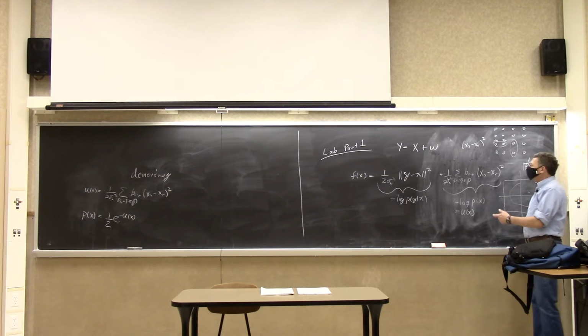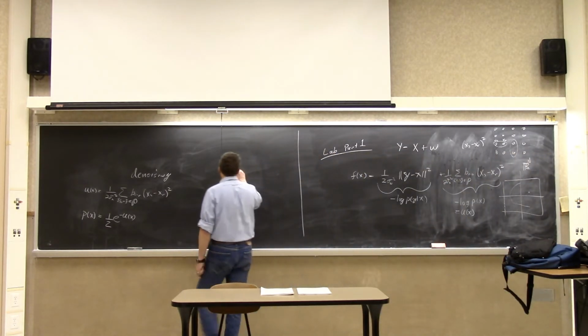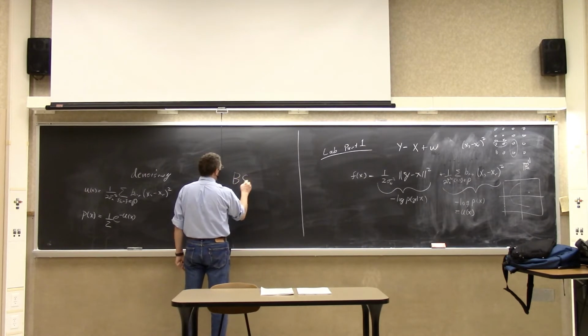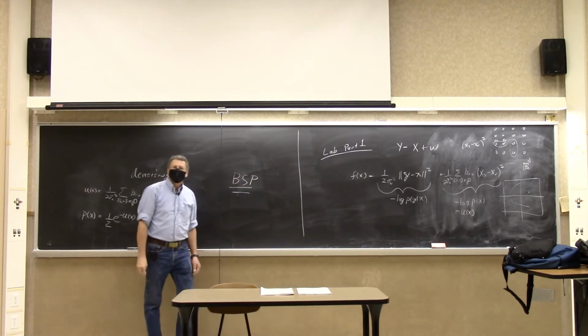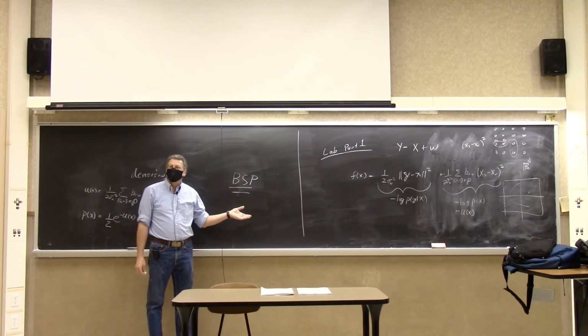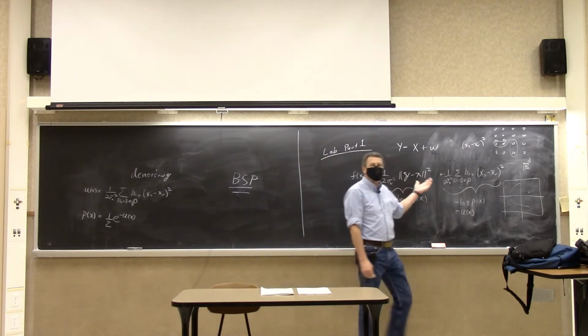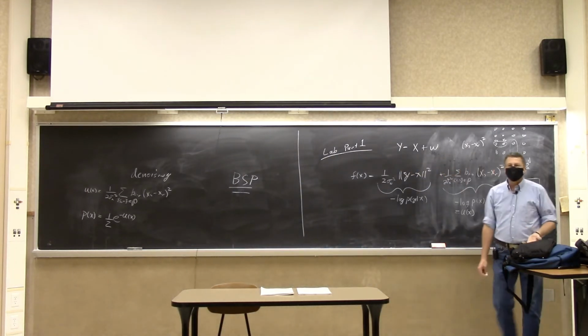So this is what I call a bizarrely simplistic prior, or a BSP. It's stupidly simple, okay? Here's the thing, it's better than nothing, okay? But is it good? No, okay? It's a silly, really simple prior.